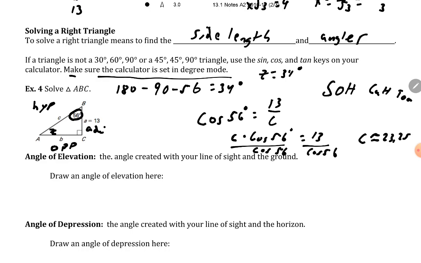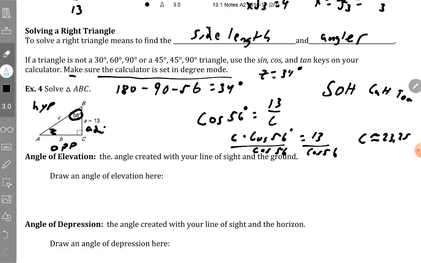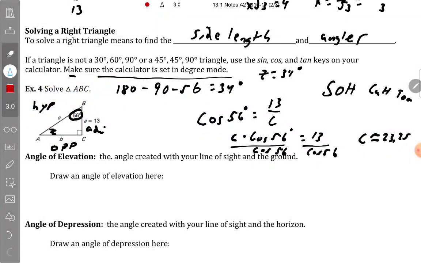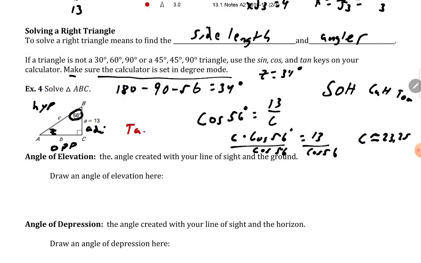for your hypotenuse. To find my opposite side, let's go ahead and use a different color. I'm going to use tangent of 56 degrees because that is opposite, which is what I'm looking for, which is B, over adjacent, which is 13. This one's going to be a lot easier because I just multiply both sides by 13.